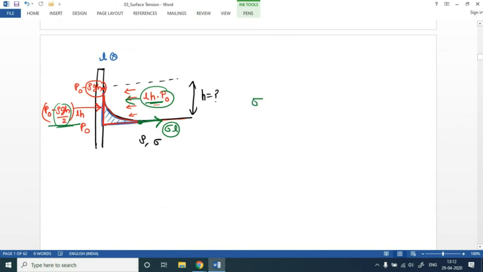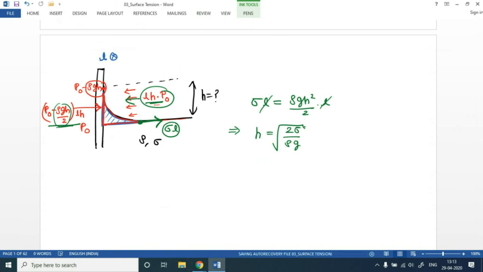So the force balance equation will be sigma L is equal to rho g h square by 2 into L. Obviously this L which we assumed in the very beginning is going to cancel out. So H we are getting by rearranging: that is nothing but under root 2 sigma by rho g. So that is a problem you must understand.